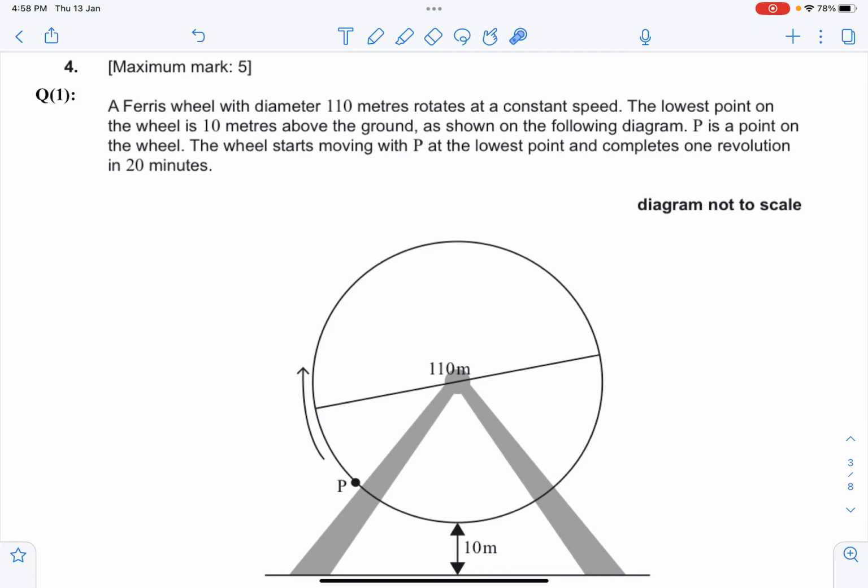P is a point on the wheel. There is a point P here on the wheel. The wheel starts moving with P at the lowest position. So P will be at the lowest position here. Okay, and completes one revolution in 20 minutes. So look here, the period here is 20 minutes. Okay, remember this period is 20 minutes.